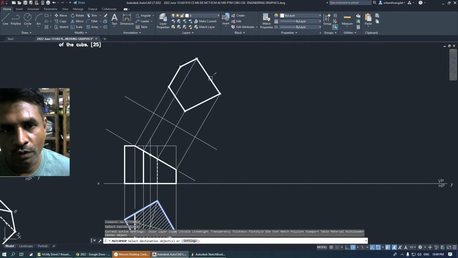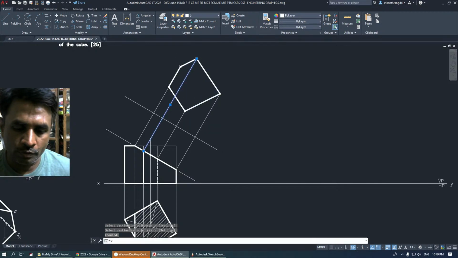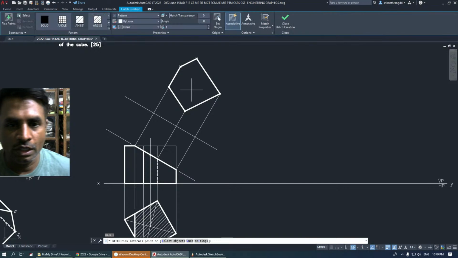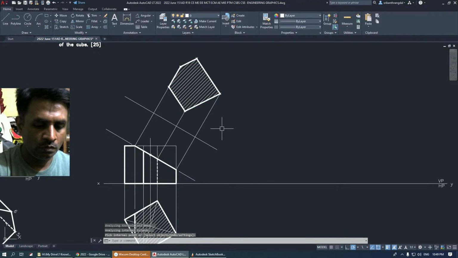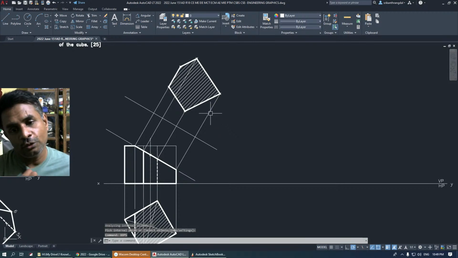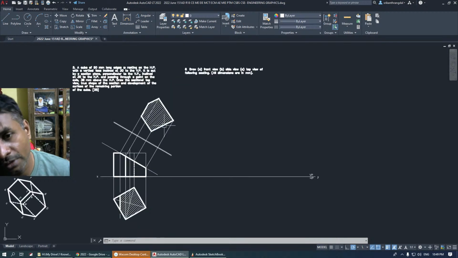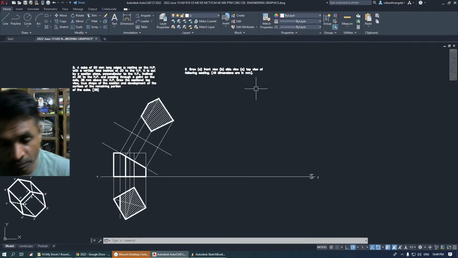This what I got here is the true shape. And okay, so that is the true shape. If not done the naming, you can just go ahead and do the naming yourself.